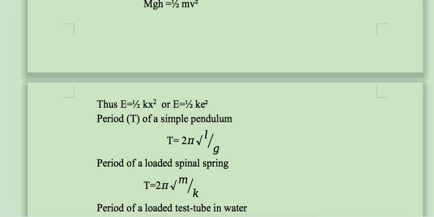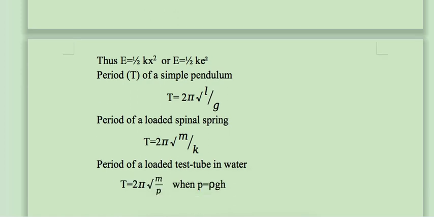The period T of a simple pendulum is given as, these are just the summary of the formulas we need to use under simple harmonic motion, T equal to 2 pi square root of L over g. While the period for a loaded spiral spring, T equal to 2 pi square root of M over K, where M is the mass and K is the force constant.